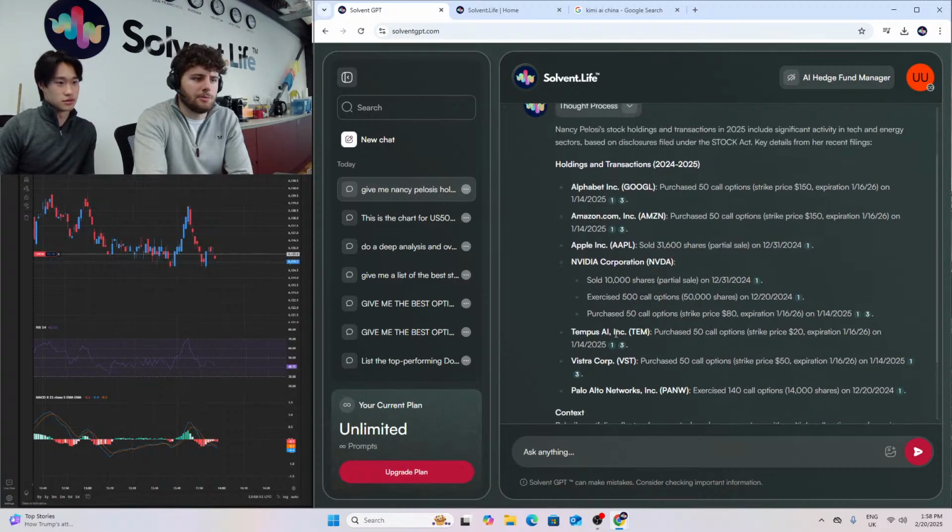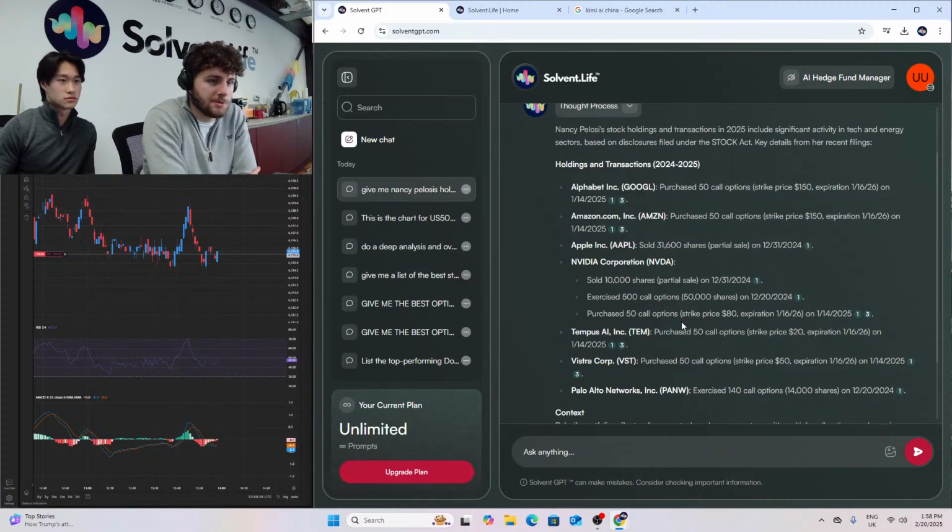Okay, so Nancy Pelosi purchased 50 call options at a strike price of $20, expiring in January of 2026 on the 14th. So she's still holding. She's going to be holding this until very early next year, so January time. On Tempest AI, 50 call options. So that looks like a strong buy signal coming from Pelosi herself.